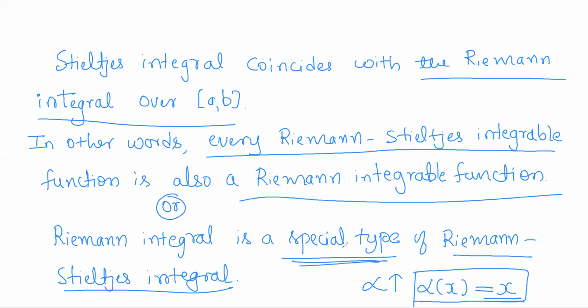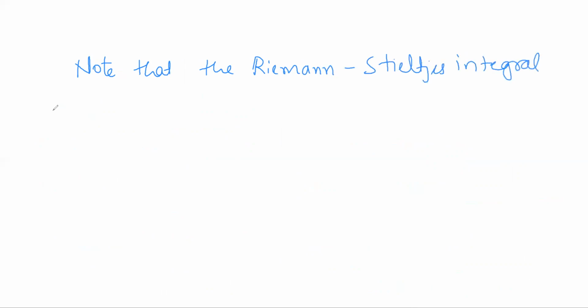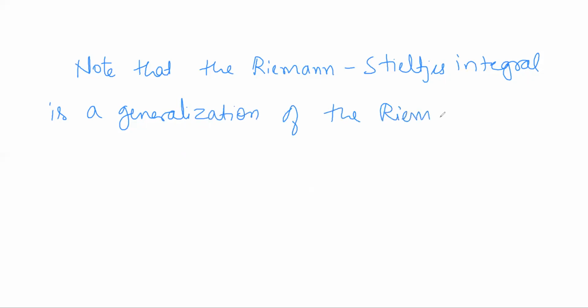You can write like this also. So note that the Riemann Stieltjes integral is a generalization of the Riemann integral. Right? So this is the relation between the Riemann Stieltjes integral and the Riemann integral.